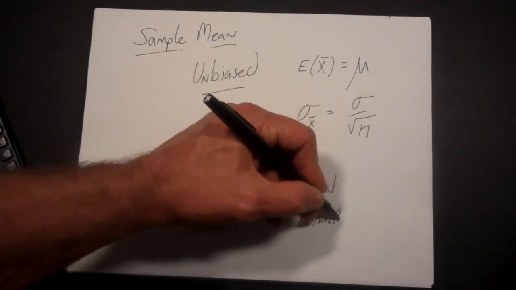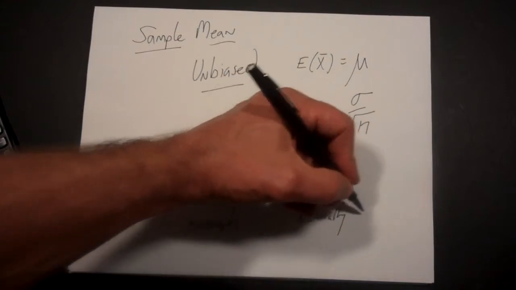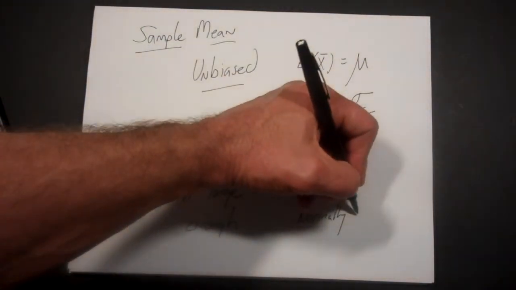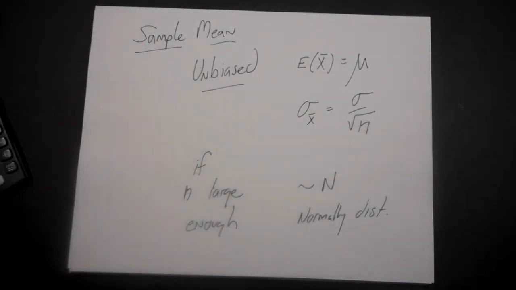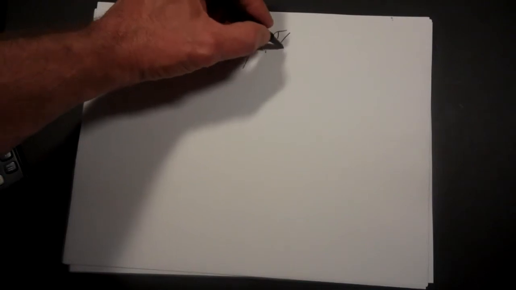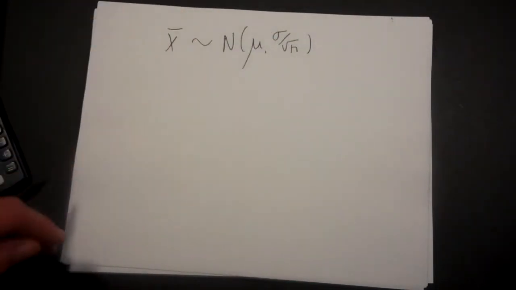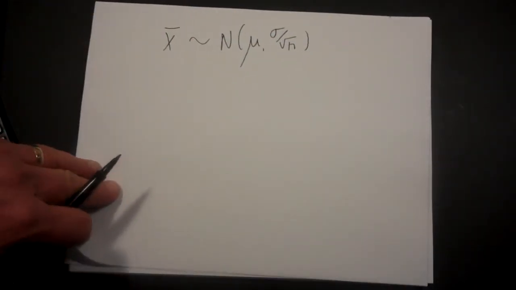And that allows you to do a lot of statistical tests very easily. So it's normally distributed, and we actually tend to write that a certain way. The way we write that is x bar is distributed normally with mean mu and standard deviation sigma over square root of n. That's the way we write it.